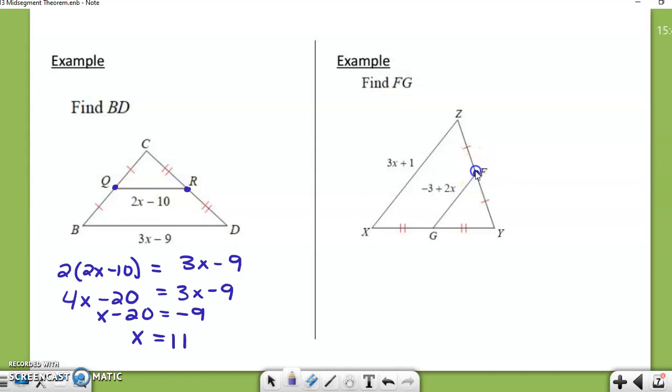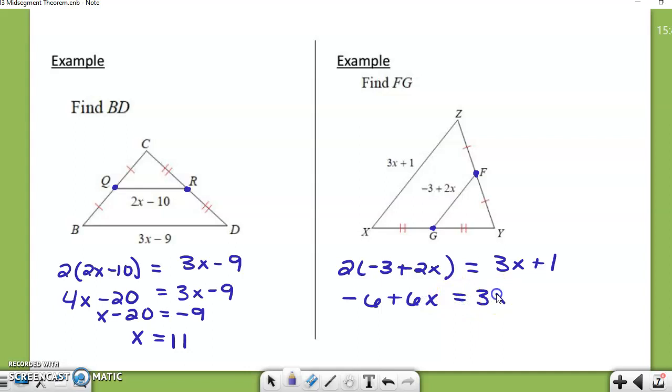Final example. That's a midpoint. That's a midpoint, so this is a mid-segment. So 2 times my mid-segment is going to be equal to that third side of the triangle. Don't forget to distribute. I'm going to subtract 3x from both sides. Now I'm going to add 6 to both sides.